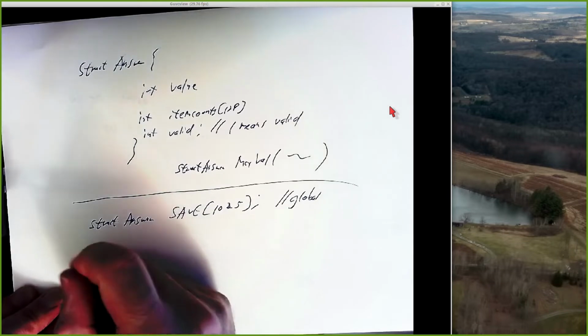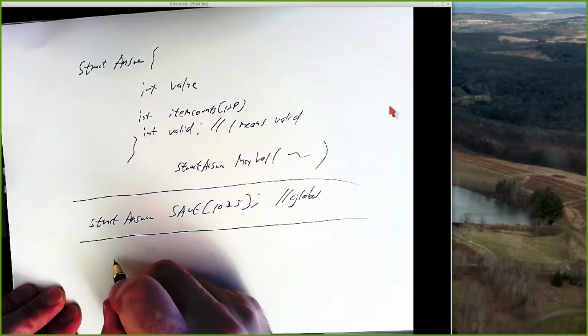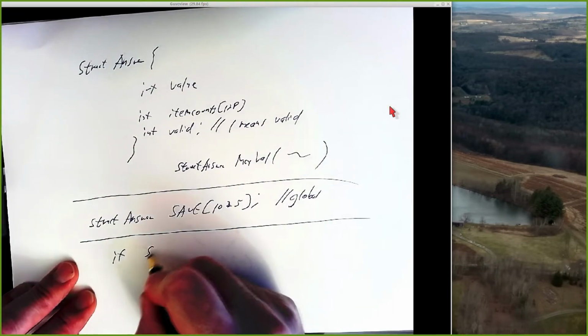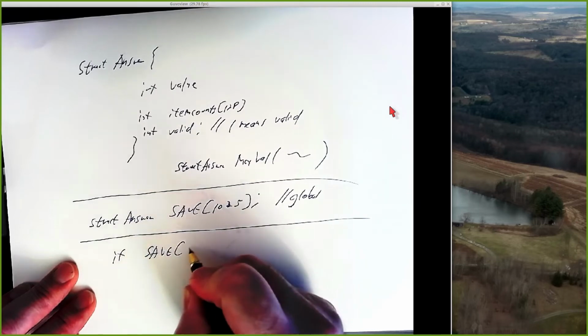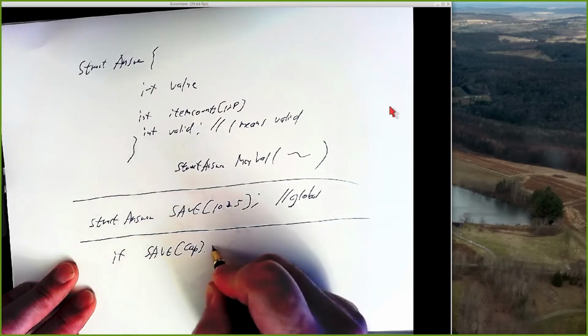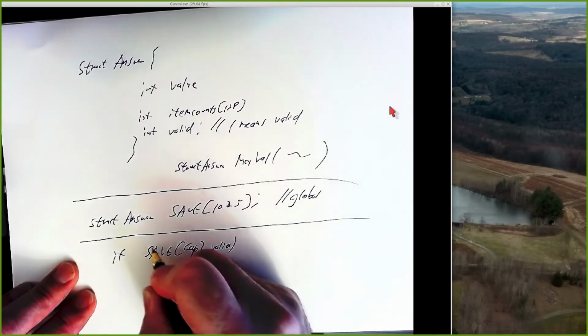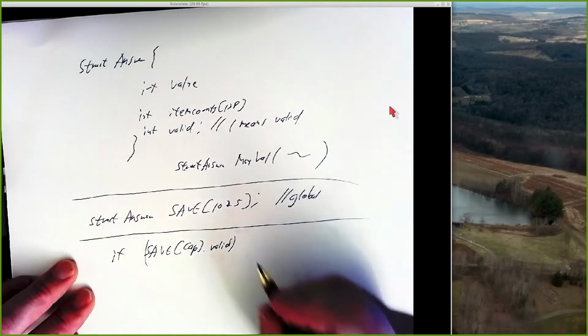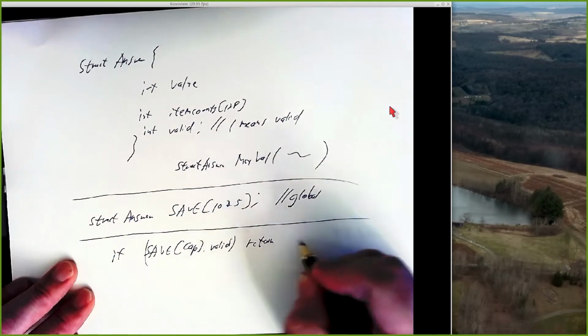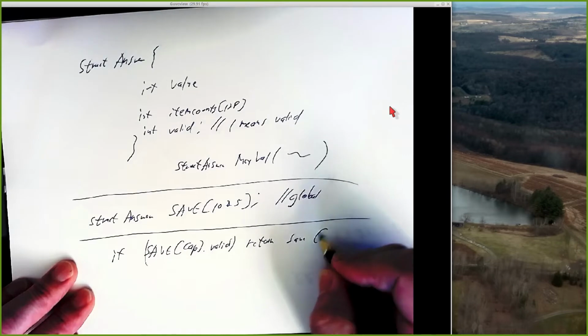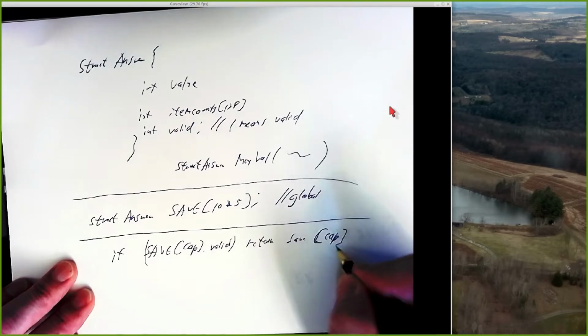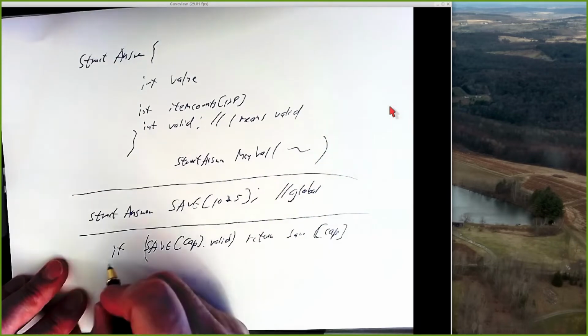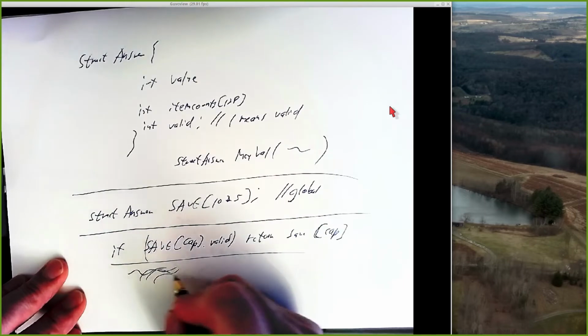And then in maxval, if save[capacity].valid, if that's true, then just return save[capacity]. Otherwise, do all of your recursion.